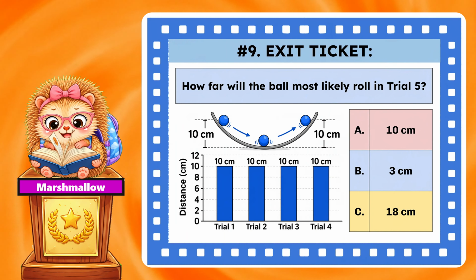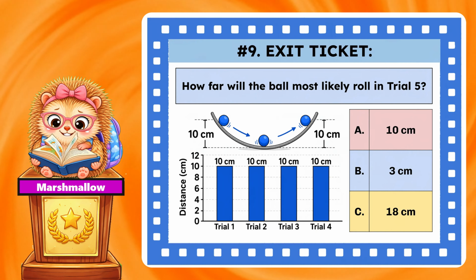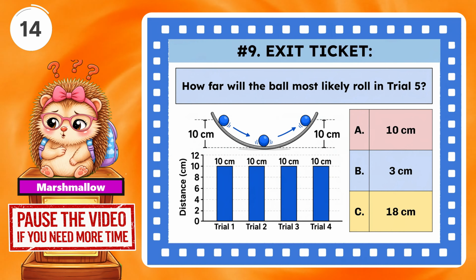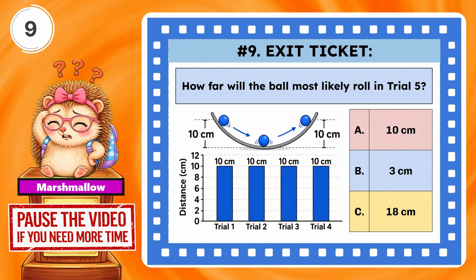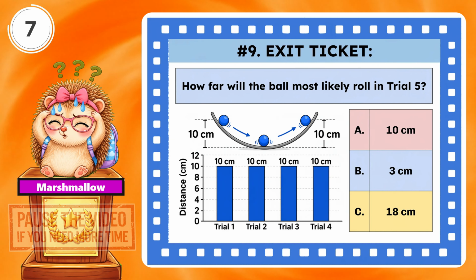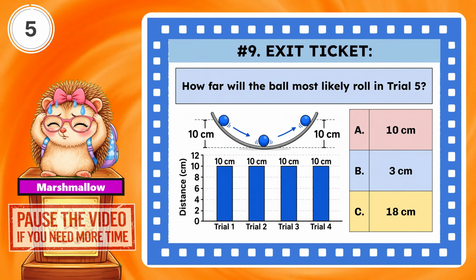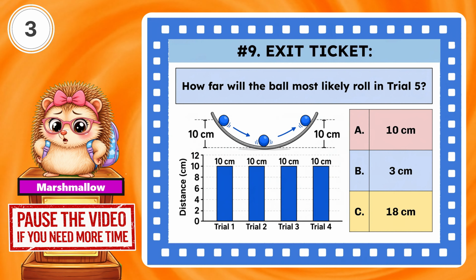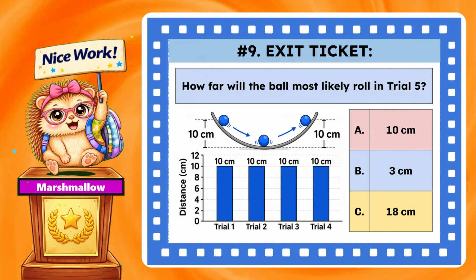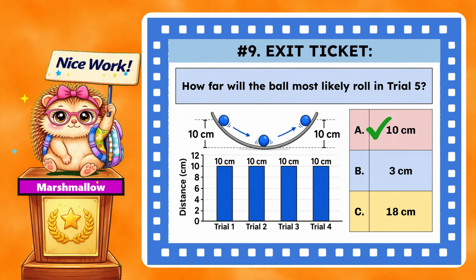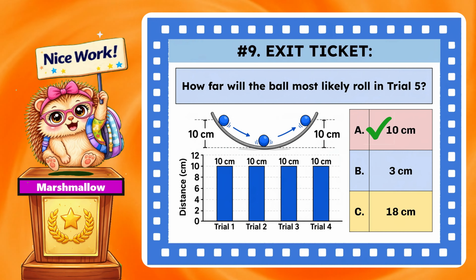How far will the ball most likely roll in trial 5? And the correct answer is letter A, 10 centimeters.